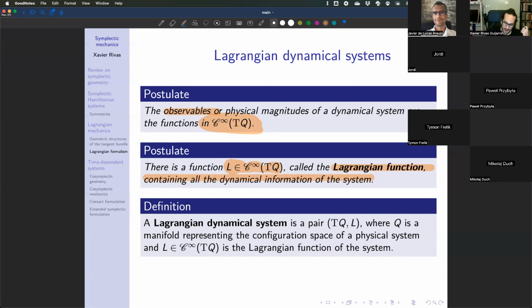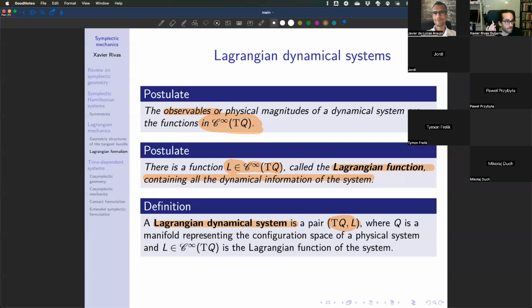In this way, a pair TQ, a tangent bundle, and a function L is a Lagrangian dynamical system. I'm not talking about regular or singular Lagrangians at this point yet. Everything that I will do can be done for singular Lagrangians. When there are differences, I will say it.